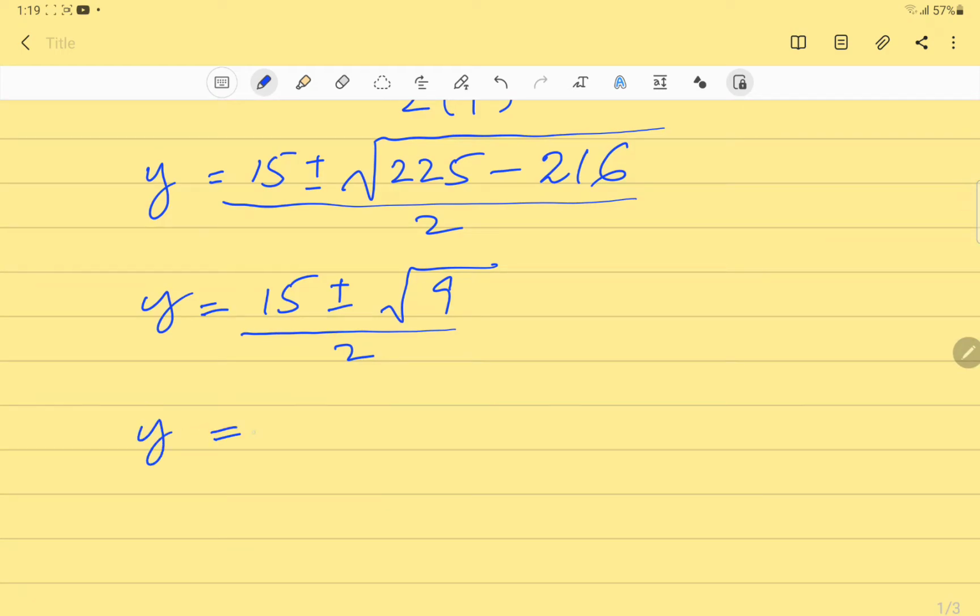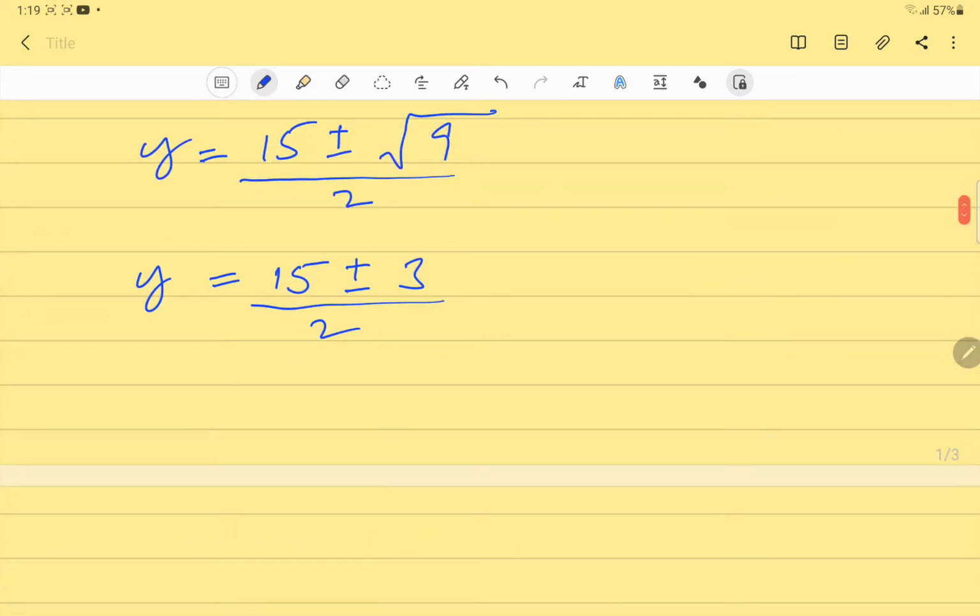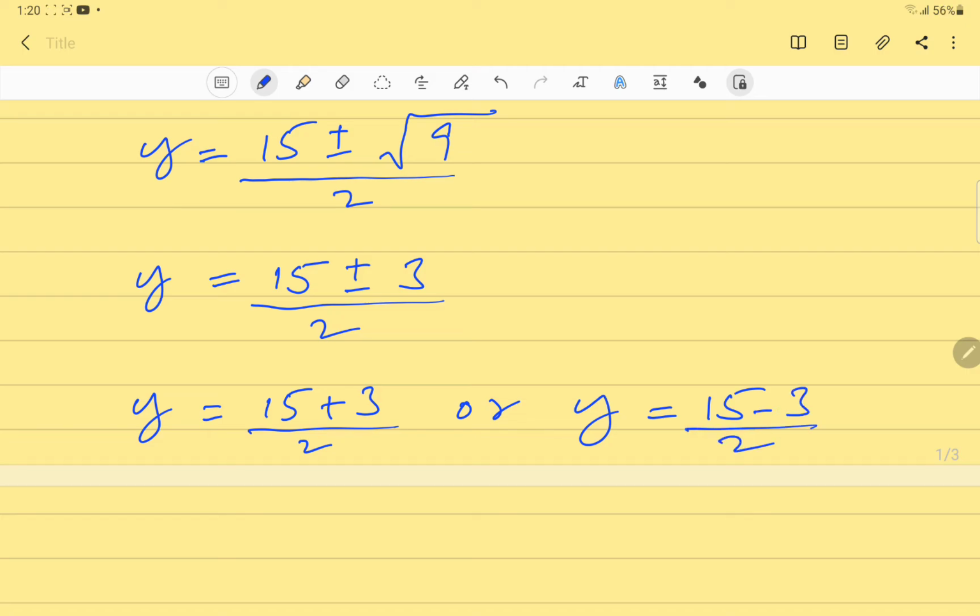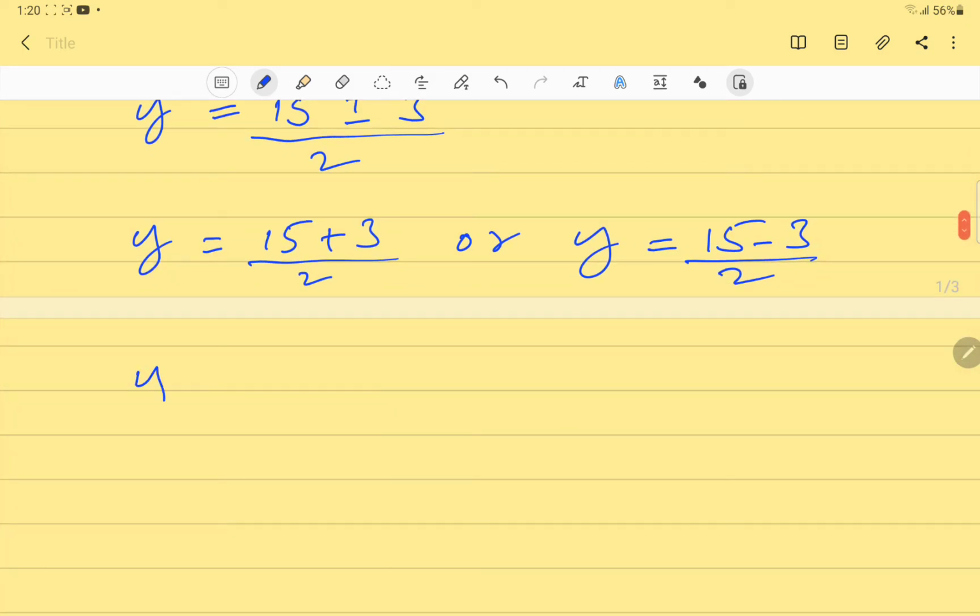So y is equal to 15 plus minus 3 over 2. So now y will be equal to either 15 plus 3 over 2 or y is equal to 15 minus 3 over 2. y is equal to 18 over 2 or y is equal to 12 over 2.